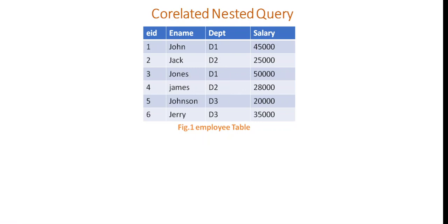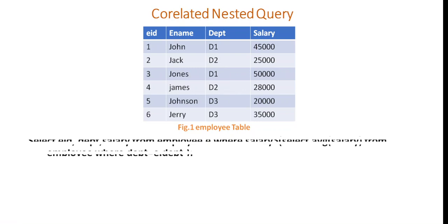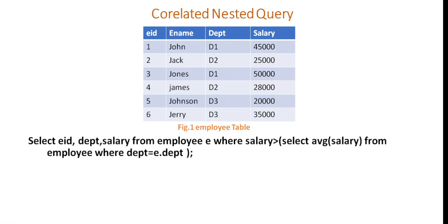In the employee table, we have four attributes: employee ID, employee name, department and salary. Now I want to display information of employees whose salary is greater than the average salary of all employees working in that department. I don't want to display employees whose salary is greater than the average salary of all employees.